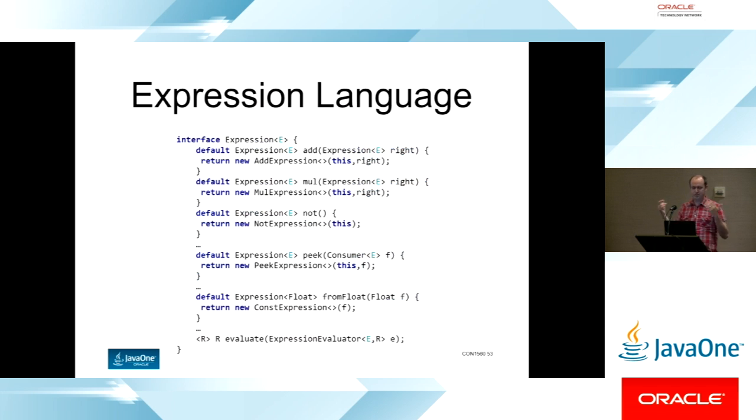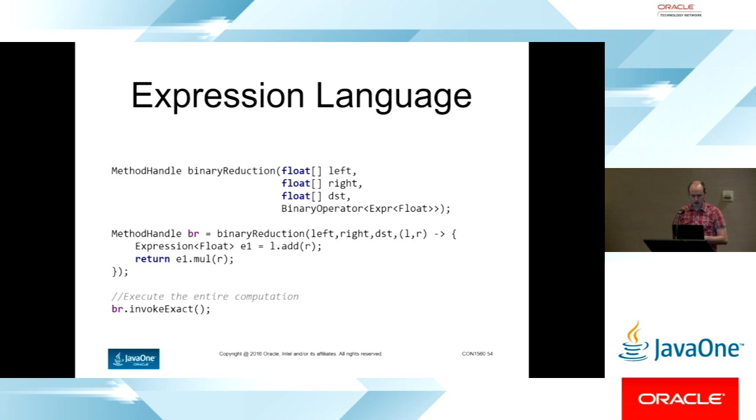So it behooves us to establish an expression language, in an Edsel-style domain-specific language in Java. It's a little clunky, but we have this interface here with the nodes that we're interested in, and we compose those together.